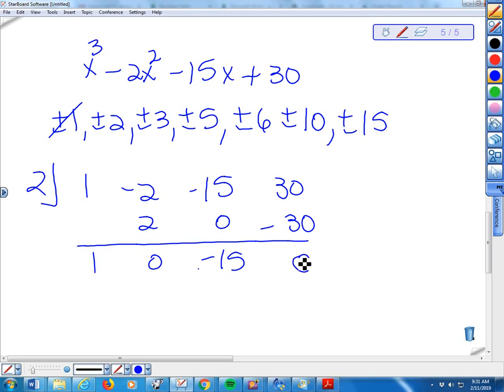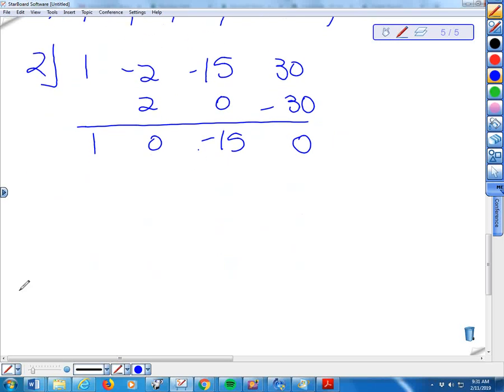And I only had to do it once because it's a cubic. So how do I write this as a polynomial? What's the easiest way to solve this if there's no middle term? Yeah, just add 15 to the other side.